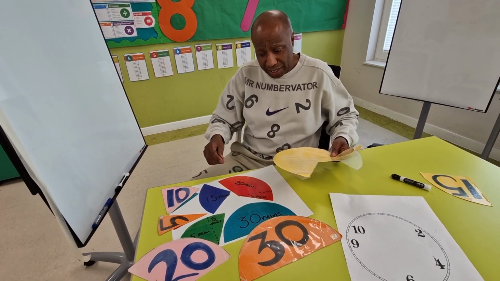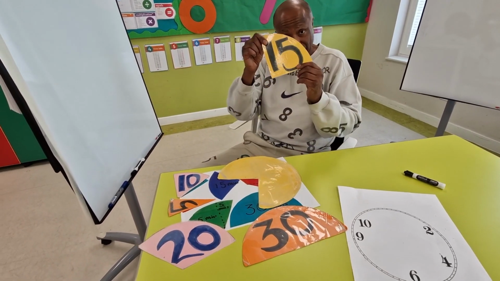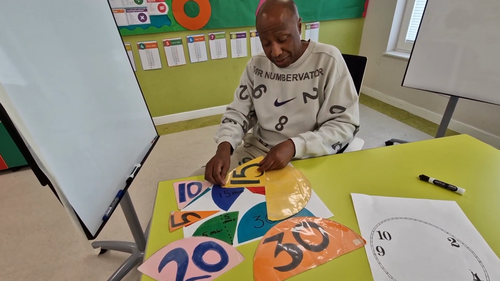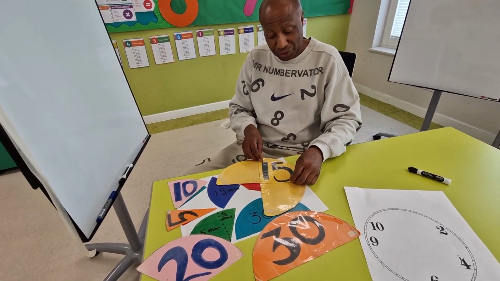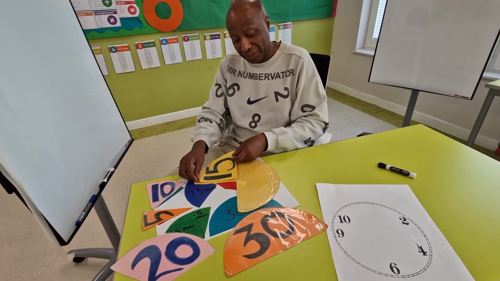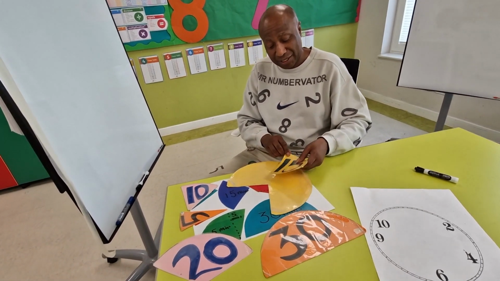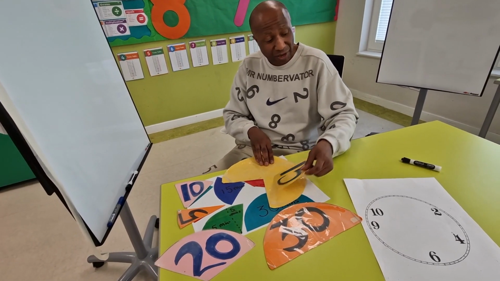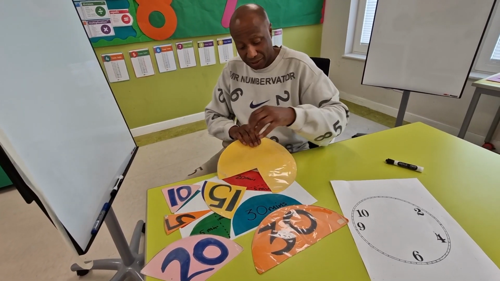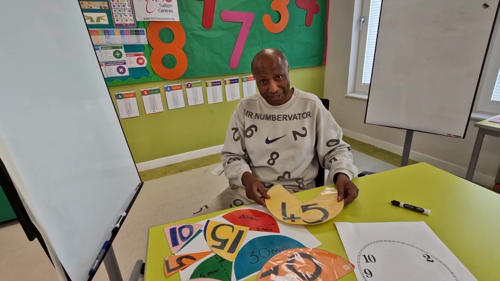Because it looks like I have got, that's 15, I've got 1, 2, and 3. 15 plus 15 is 30. 30 plus 15 is 45. So this sector is worth 45 minutes.